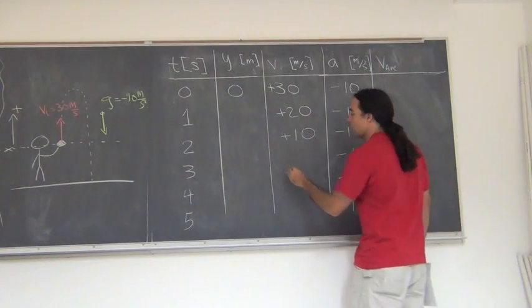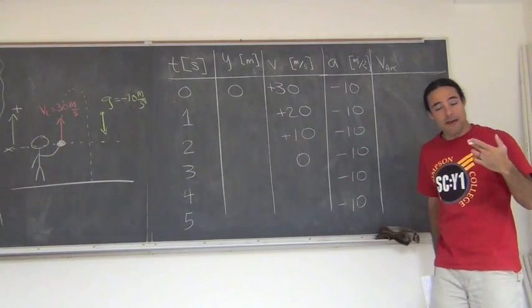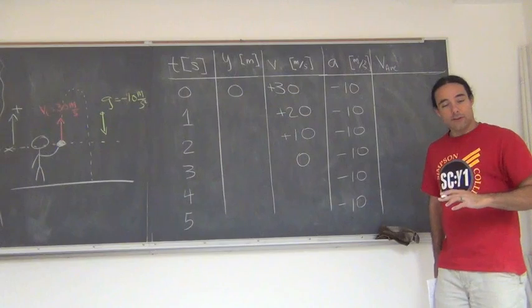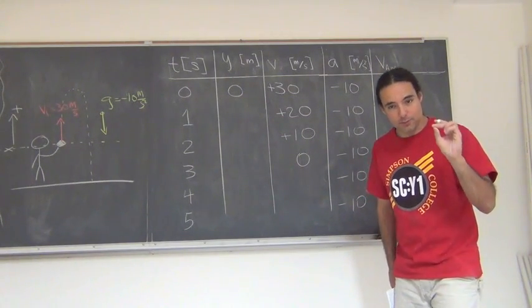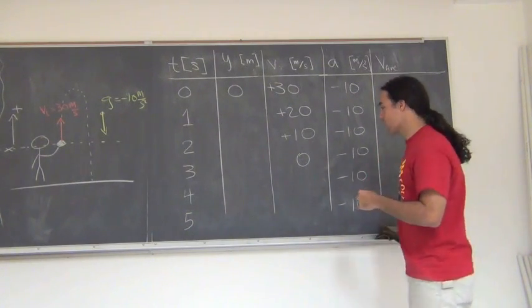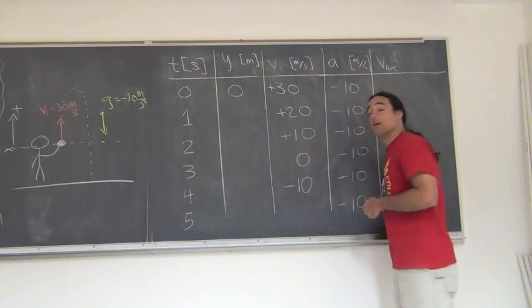At 3 seconds, I've gone down another 10 meters per second. So that means I have a velocity of 0 meters per second. That's not a problem. Technically I'm not moving at that split instant. But we are accelerating. We are accelerating in the negative direction.